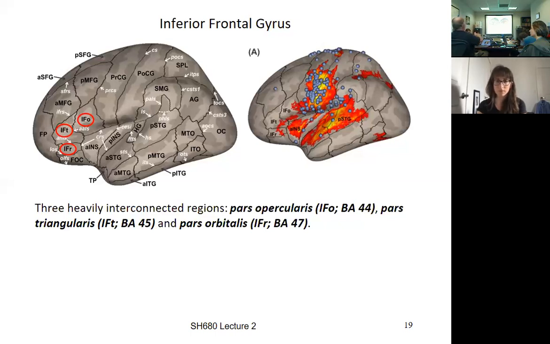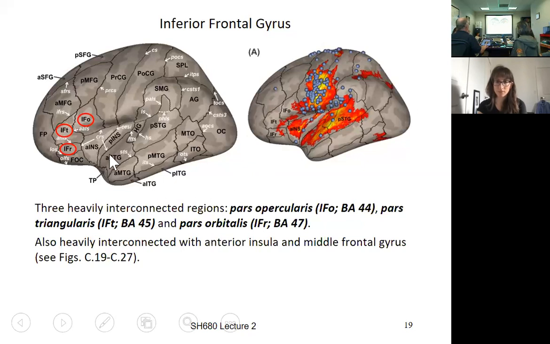So it kind of curves around like this into the sylvian fissure. This part, not much activity during speech. This part, a lot of activity during speech. Also, the most posterior part of IFO, most of that is active during speech on the left side. Okay, so these areas are heavily interconnected with premotor cortex.